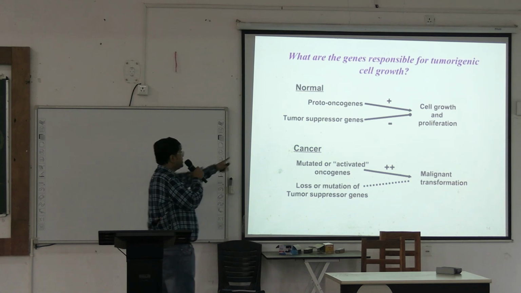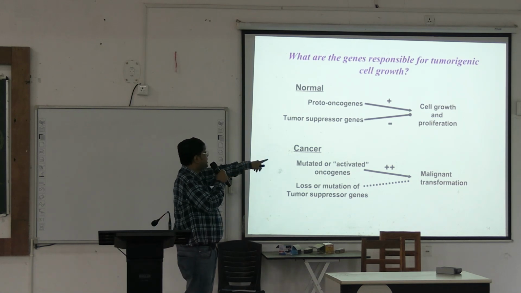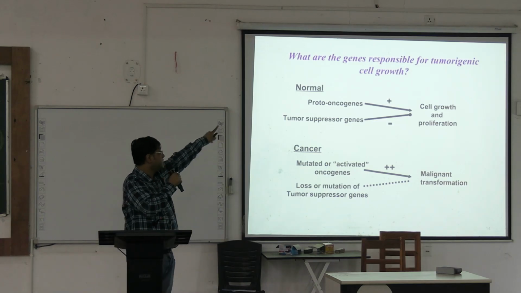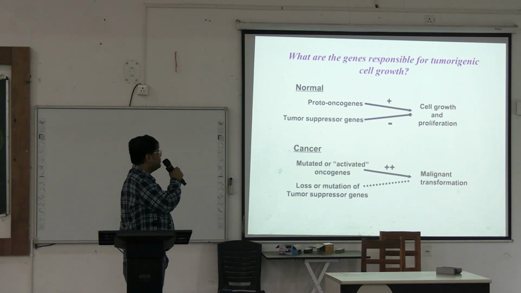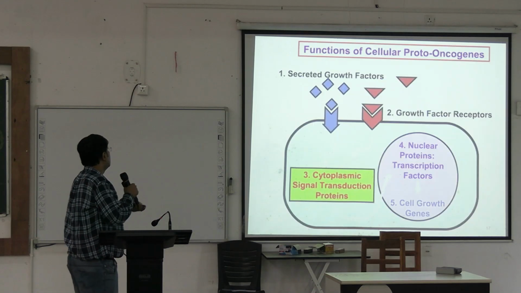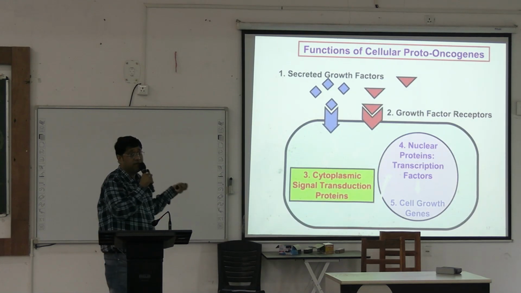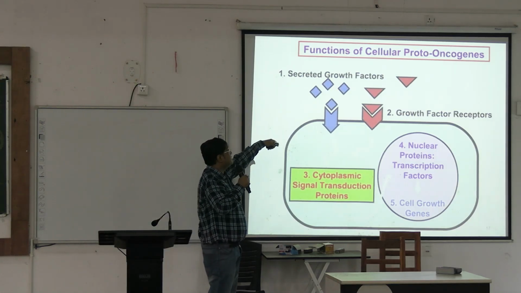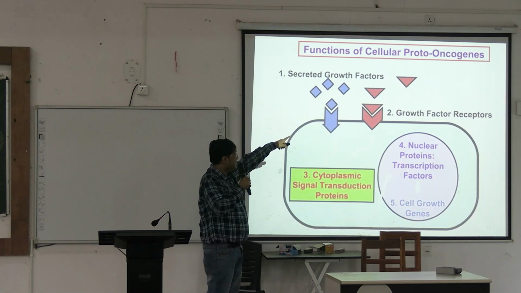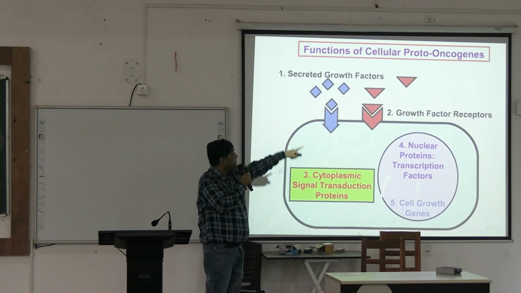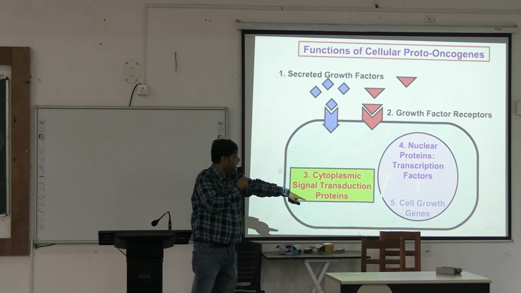In cancers, mutated or activated oncogenes lead to malignant transformation. This upper part is very important: proto-oncogene activation and tumor suppressor gene inactivation. This is what we were discussing before. The growth factors come from the surrounding cells, acting on the growth factor receptors, then cytoplasmic signal transduction proteins, then nuclear proteins and the cell growth genes.